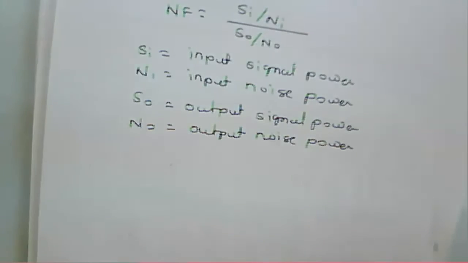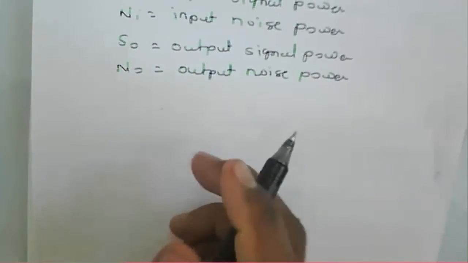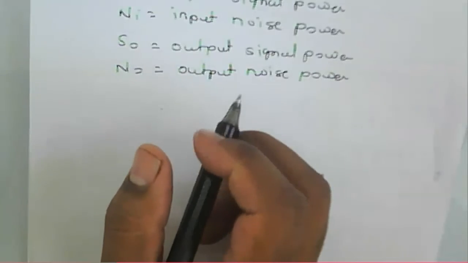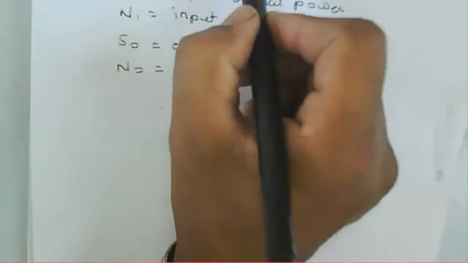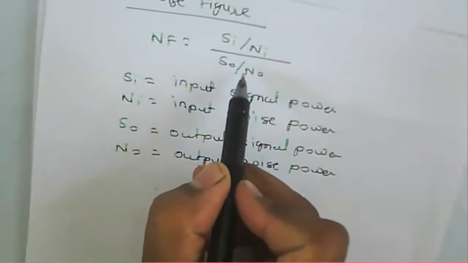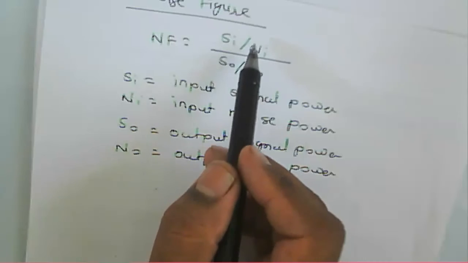Generally we say that any device we are using adds some noise itself. So that's why the output signal to noise ratio is less than the input signal to noise ratio.